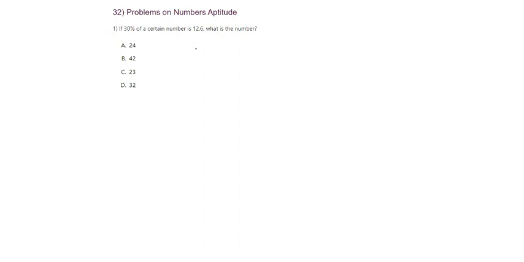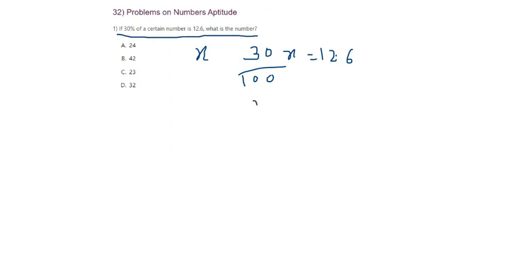So 30 by 100 of that number x is nothing but 126. This is your equation. Your question itself is framing the equation for you to solve. So when you solve, your x will be 420. I'm just leaving the solving part to you because it's very, very easy.